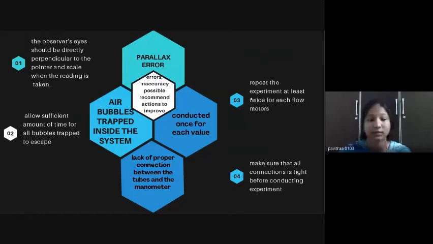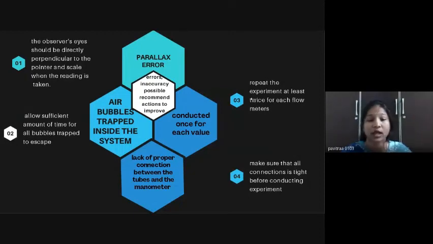And finally, factors contributing to errors and inaccuracy in this experimental data and possible recommendations to improve the existing result. In the experiment result, there were a few inaccuracies or errors due to a few variables. First and foremost, the observer's eyes are not aligned with the pointer and scale when reading the rotameter and multi-tube manometer.